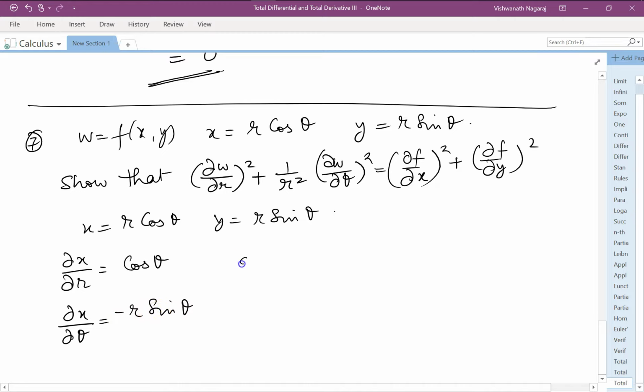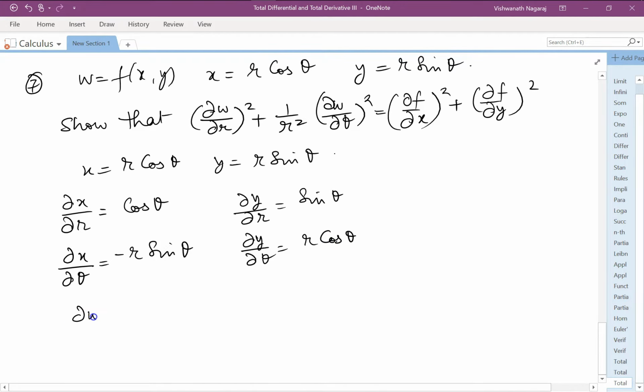Okay, now ∂y/∂r is equal to sin theta, ∂y/∂theta is r cos theta.